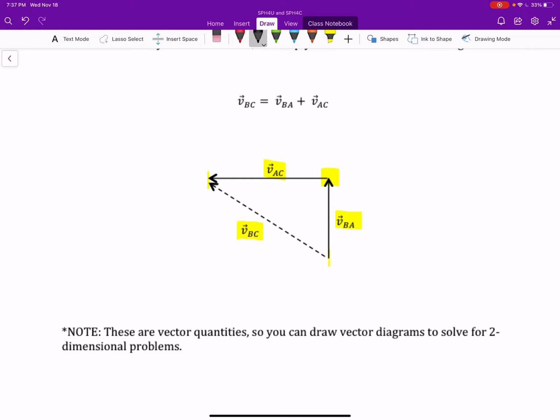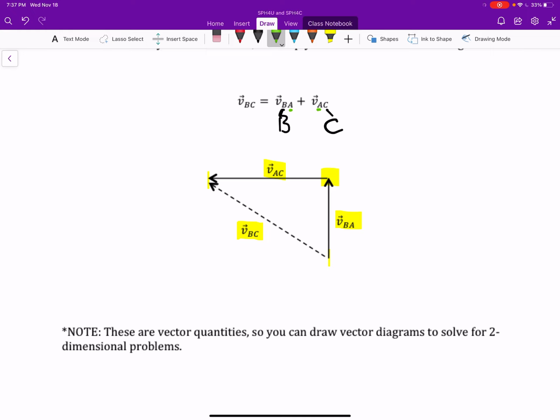Notice the placement of these two vectors. In order to help us determine the resultant vector, which is BC, we have a B on the left and then a C on the right for the other two vectors. And then we notice that they both have an A on the inside.